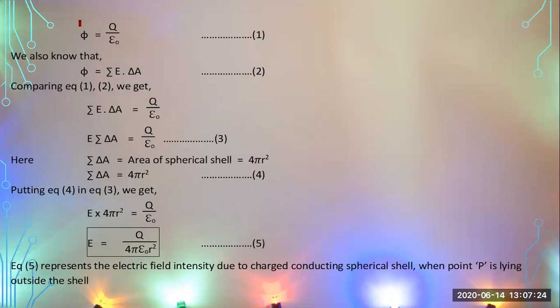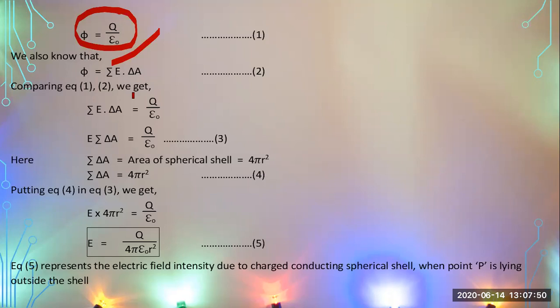This was the formula used to calculate electric flux by using Gauss's law. At the same time, electric flux is calculated as E dot del A, the number of electric lines of force passing through a certain area.